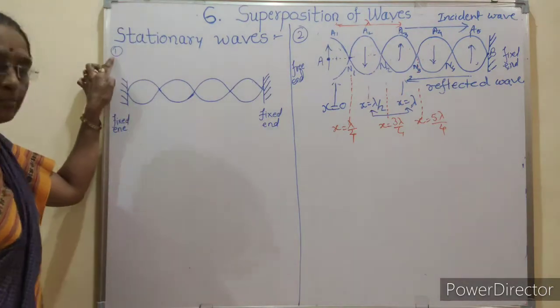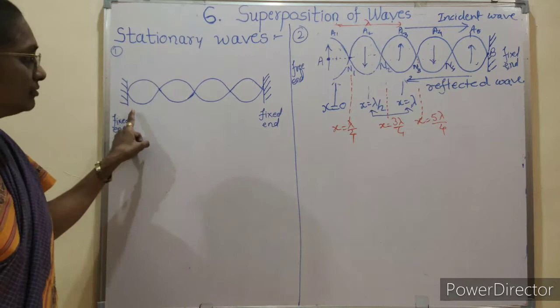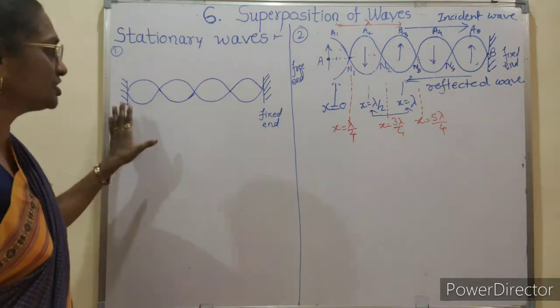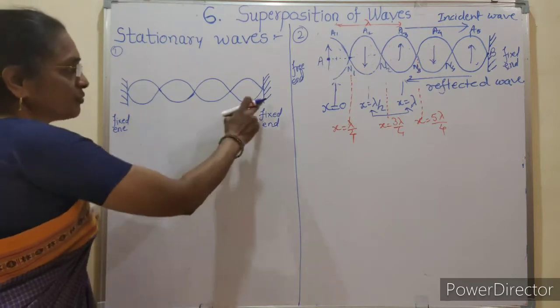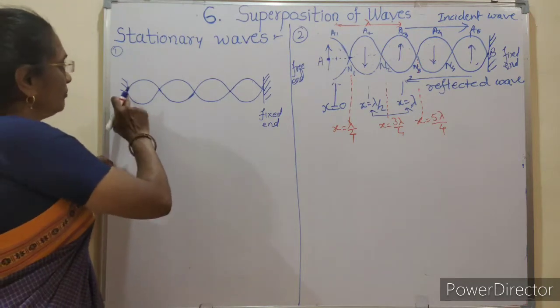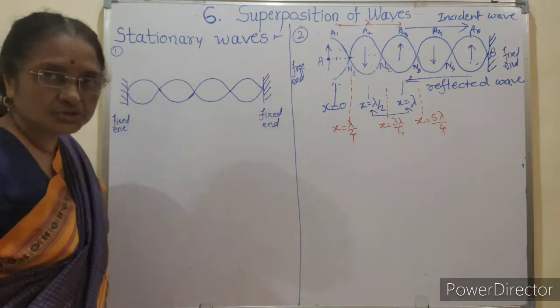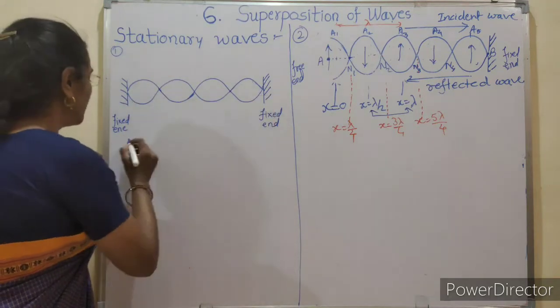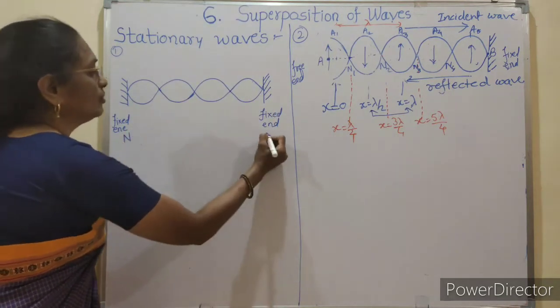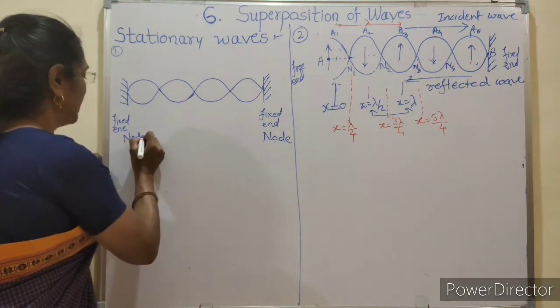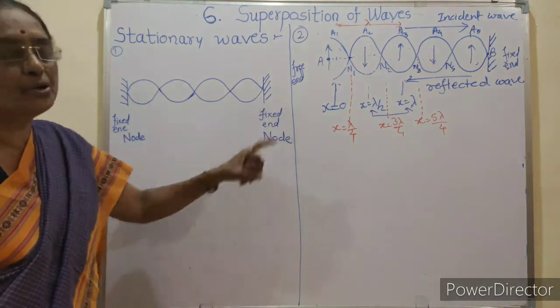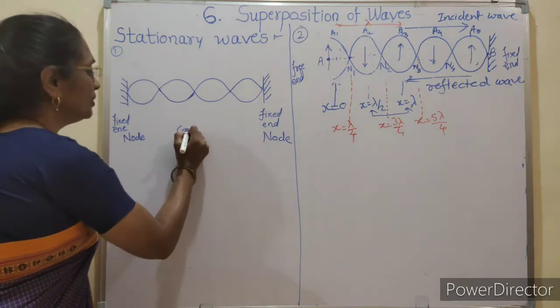In the first example, the string is stretched and the stationary wave pattern is formed between two fixed ends. So between two fixed ends, here nodes are formed and complete loops we observe.